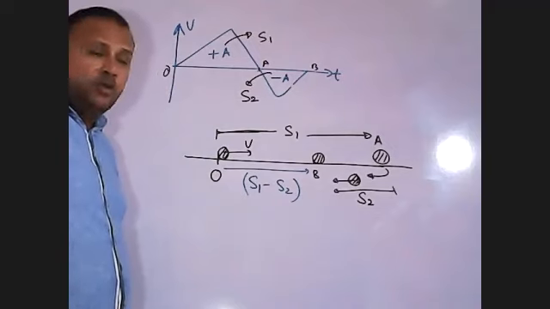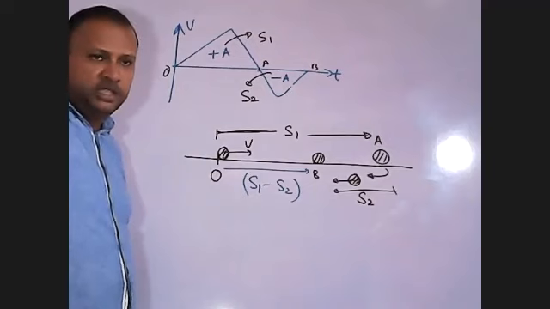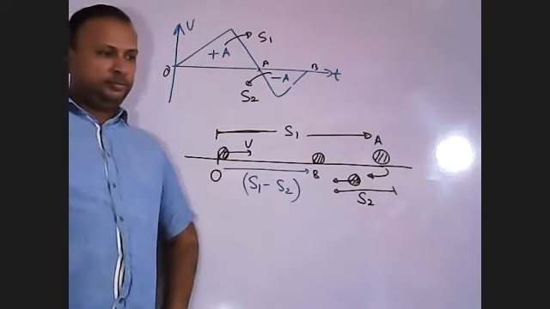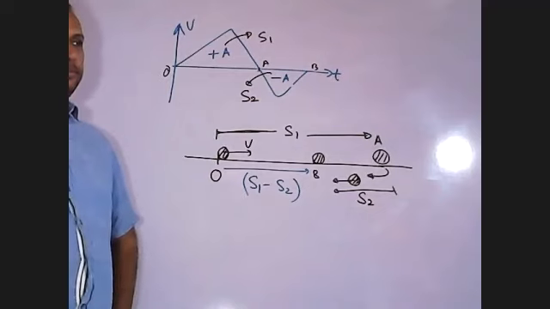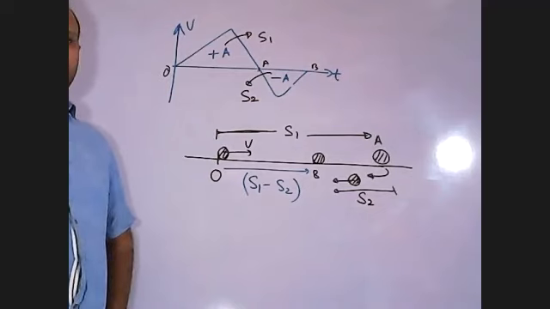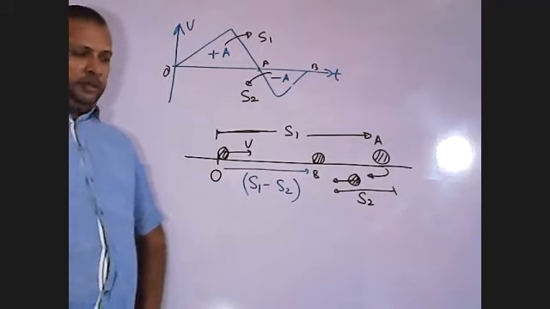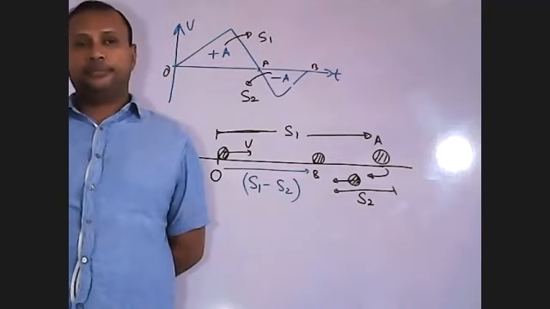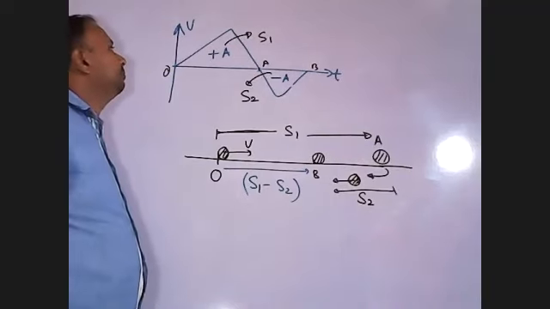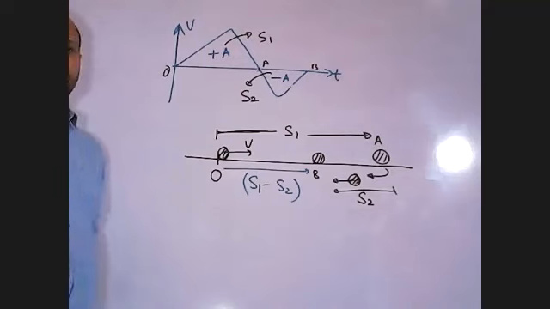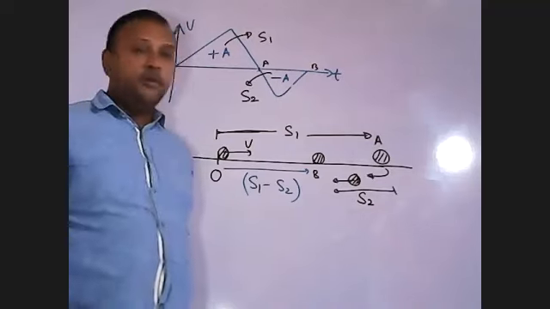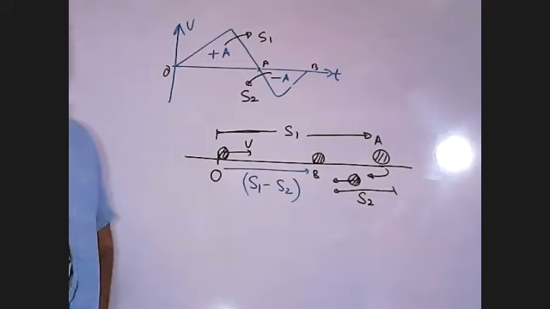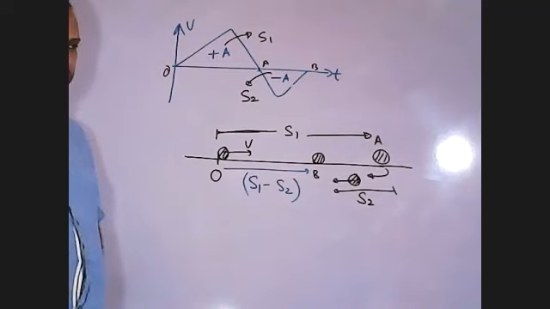Consider the above VT curve. According to that, from O to A, the velocity is positive.